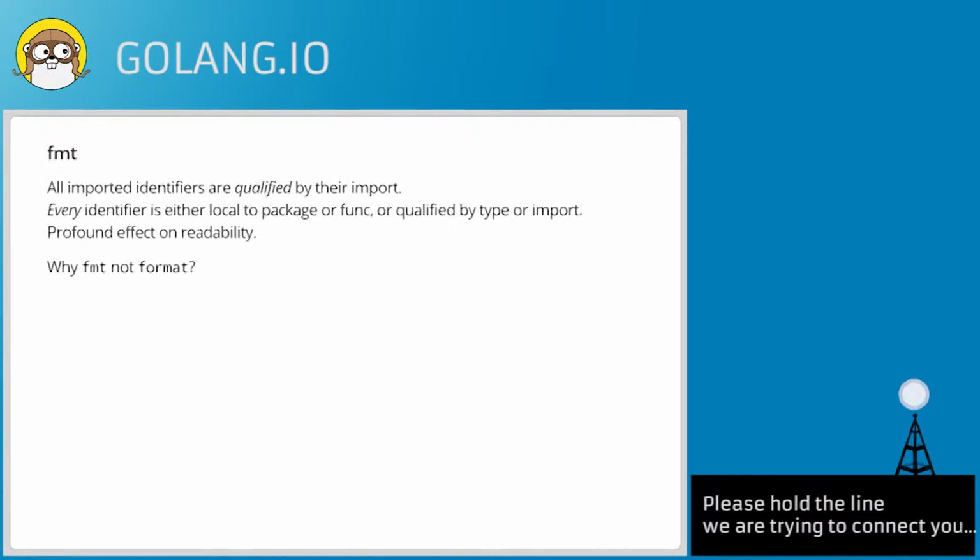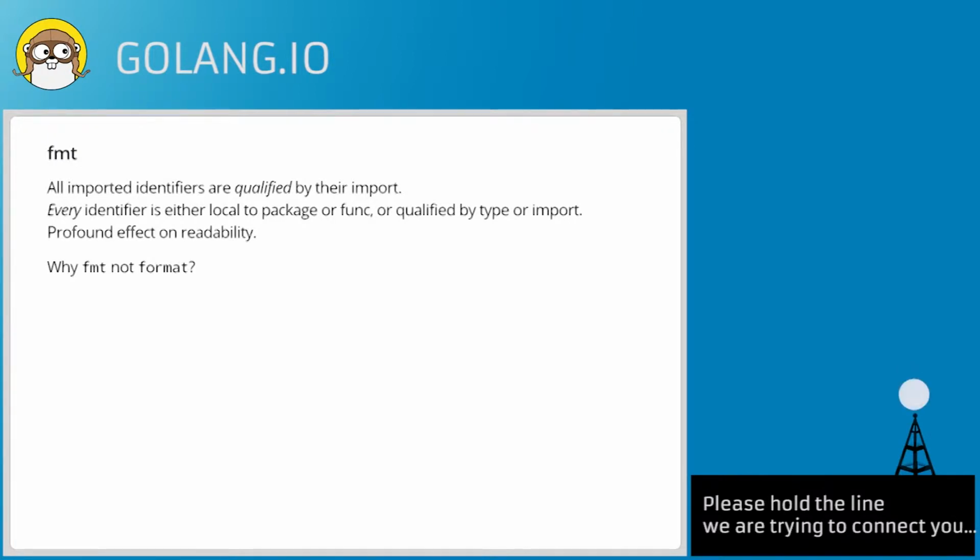You don't get this idea that when you do an import, the identifiers come into your namespace. What happens is one identifier comes into your namespace, which is the package name. And all the package's components are bound to the package name as kind of a little namespace, or if you like, sort of pseudo structure. That means that you never have to look very far to figure out what an identifier is inside a Go program, and that's a really important aid to readability.